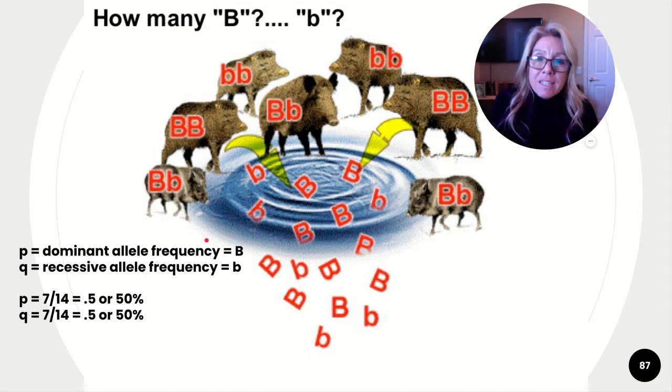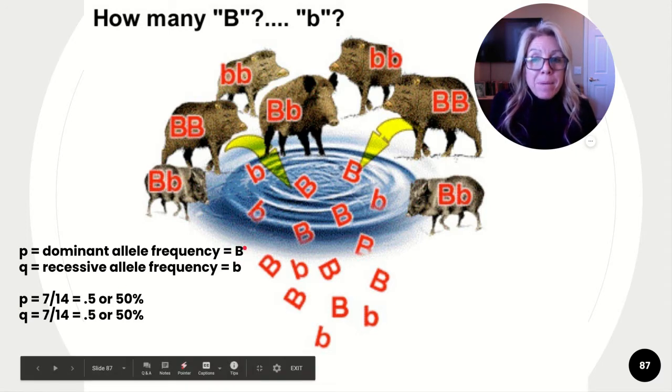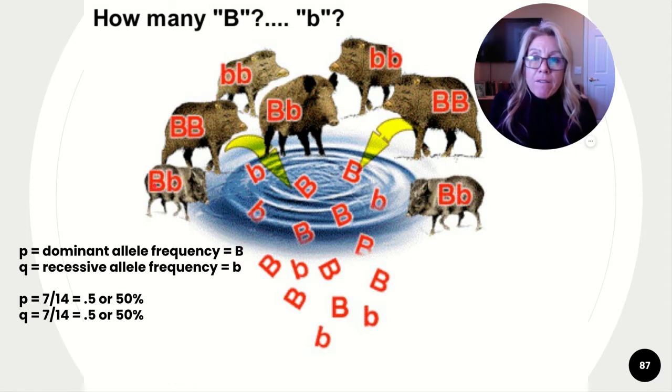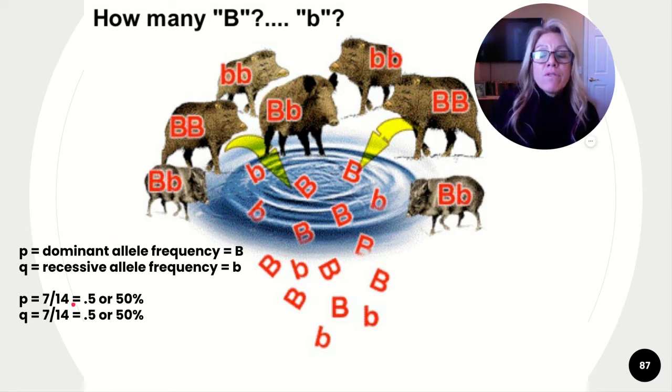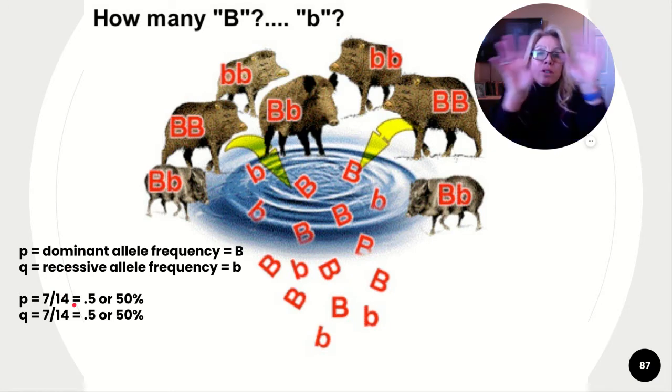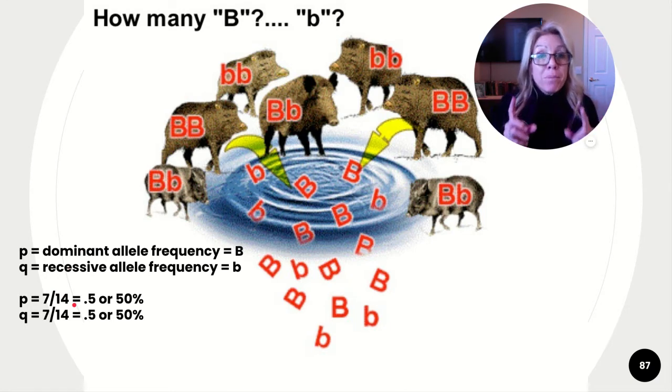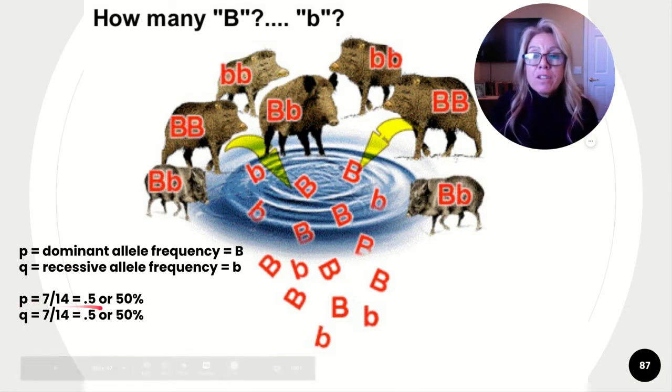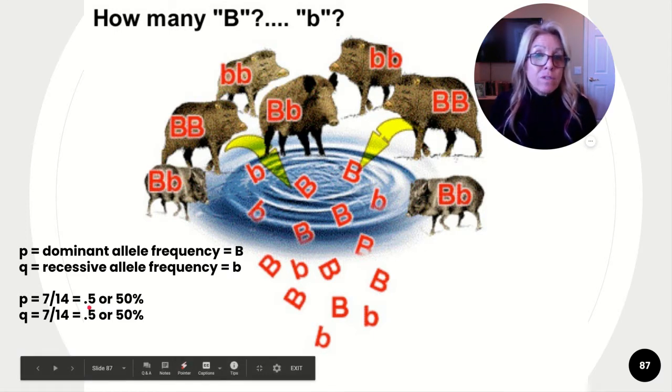So for instance here, if I counted up the P or the big B allele, the dominant allele, I have 1, 2, 3, 4, 5, 6, 7. 7 of the 14 total alleles in this population are big B. So the P allele frequency is 0.5 or 50%.